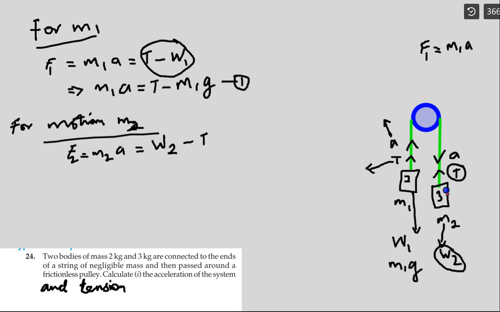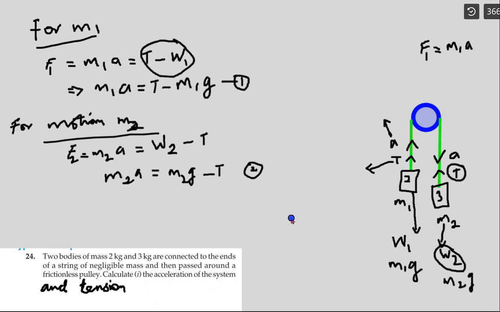Here in the M2 case, weight W2 is greater than tension, although they act in opposite directions, so the motion is along W2. So M2 A equals M2 g minus tension.